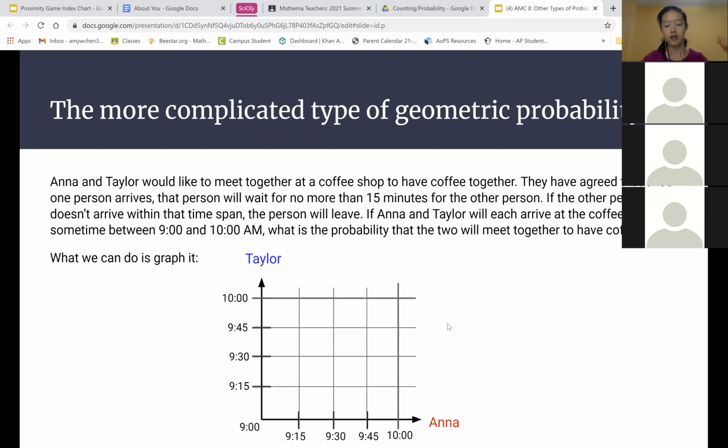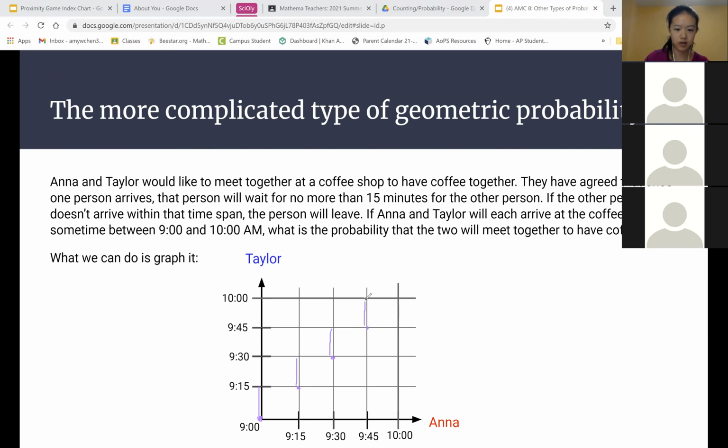Now, if Anna arrives at 9 o'clock, then Taylor can arrive at some time from 9 o'clock to 9:15. If Anna arrives at 9:15, then Taylor can arrive sometime from 9:15 to 9:30. If Anna arrives at 9:30, Taylor can arrive anytime 15 minutes afterwards, and so on.